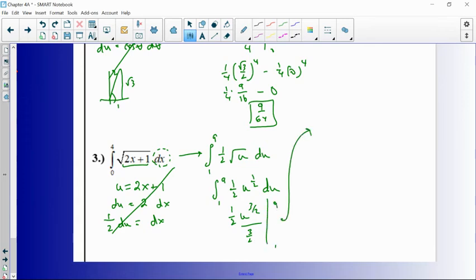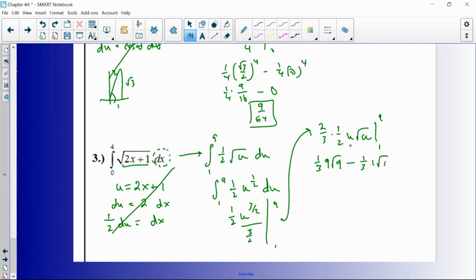Well, the 3/2 could become a 2/3. We still had the 1/2. And remember, u to the 3/2, as I think I said in an earlier video, is the same thing as u root u. You have a whole power of u plus half a power more, evaluated from 1 to 9. Well, 2/3 of 1/2 is 1/3. So I have 1/3 u root u, so 9 root 9 minus 1/3 times 1 root 1.